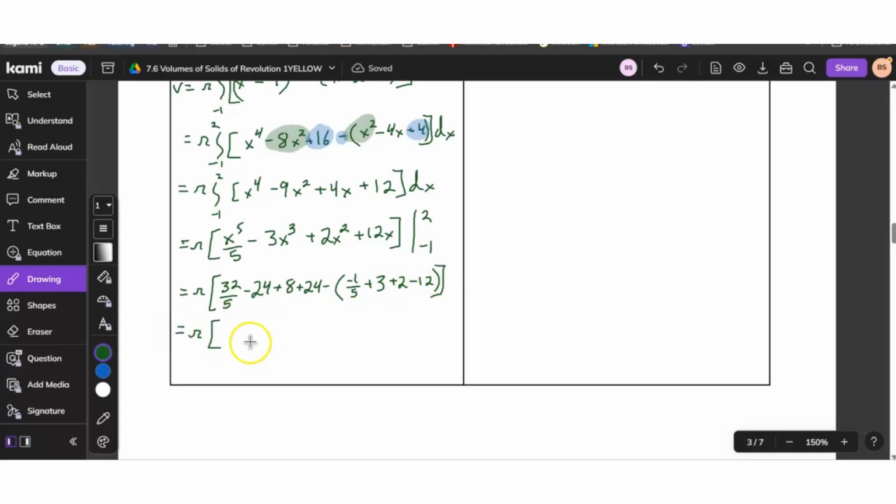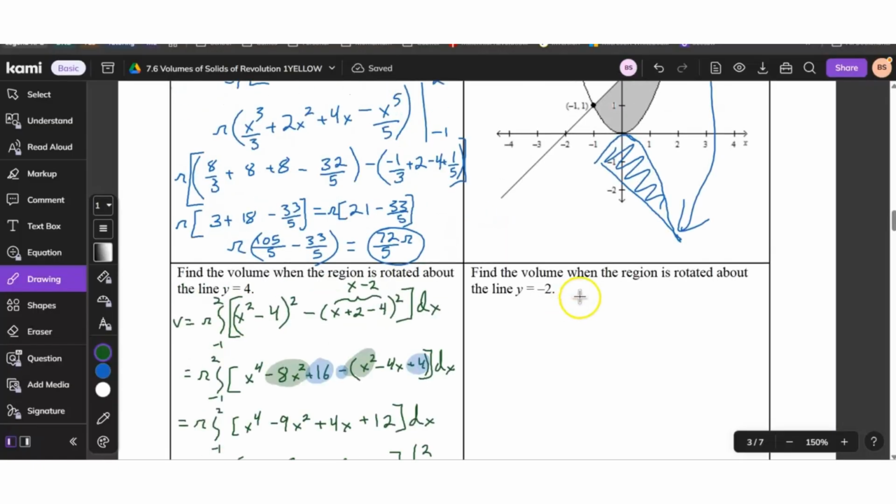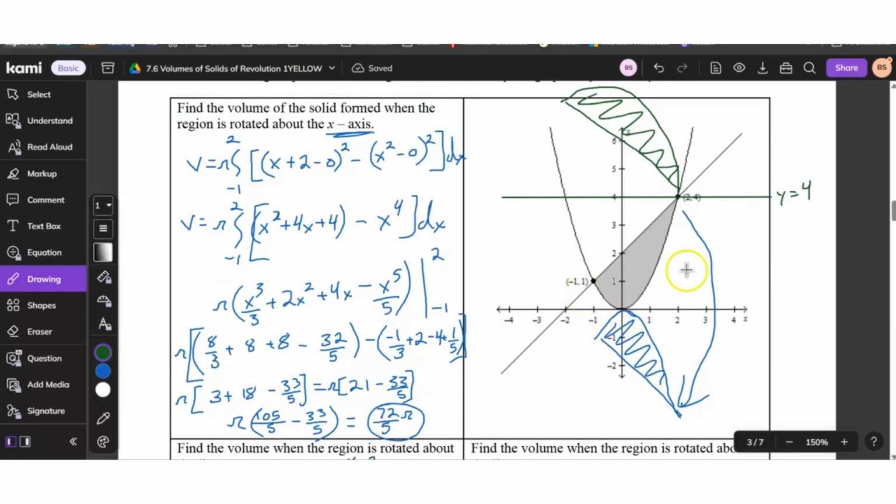Sir, I know you already explained it a couple of times, but I still don't understand why the order changed. Like why first we did the parabola minus the linear one, and then... For the blue one, our axis of rotation was the x-axis. Which function is further away? The line. What do you mean further away? Well, pick any point.